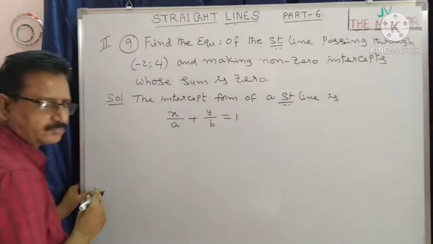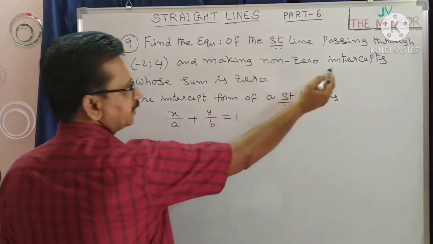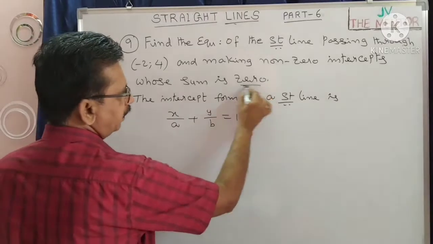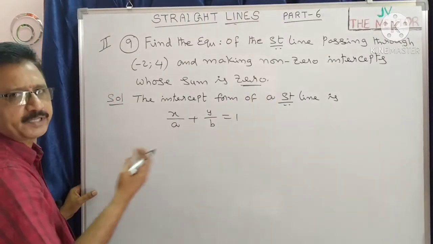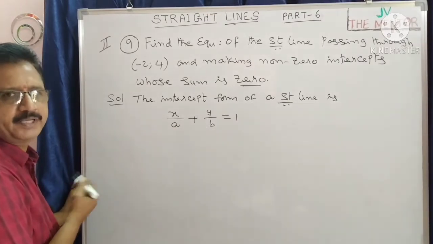Okay, this is the intercept form of a straight line. From the given condition, the sum of the intercepts is 0. That means the x-intercept plus y-intercept equal to 0. Here x-intercept is a, y-intercept is b. That means a plus b equal to 0.